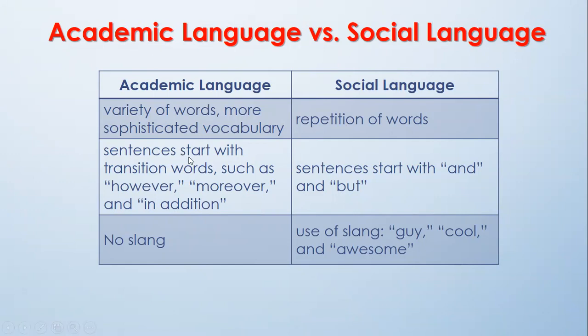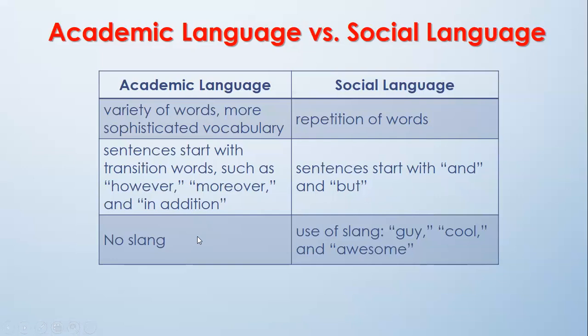In academic language, sentences generally start with transition words such as however, moreover, and in addition. Whereas in social language, people engaged in social communication generally make use of only the transition words and and but.